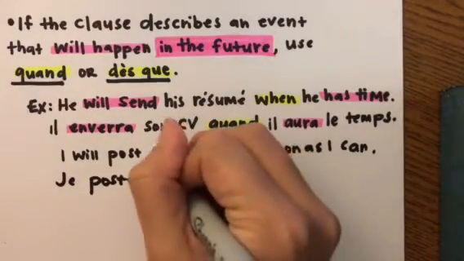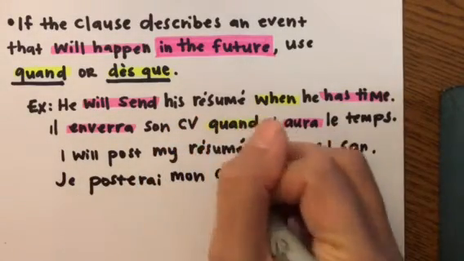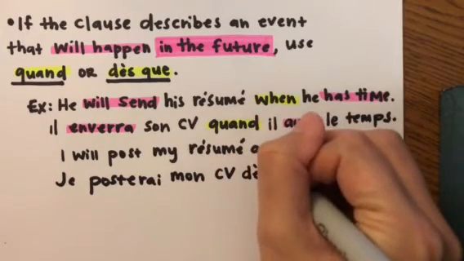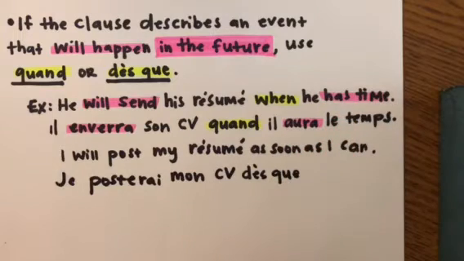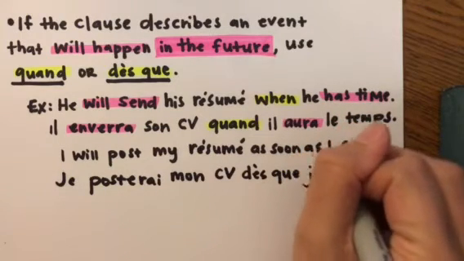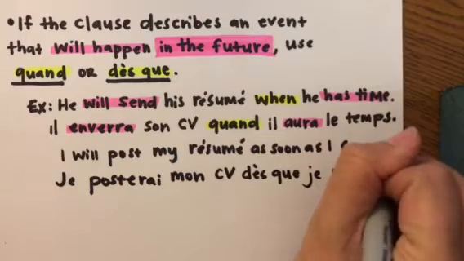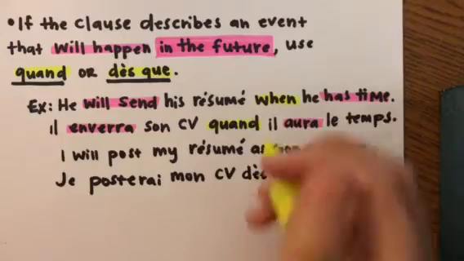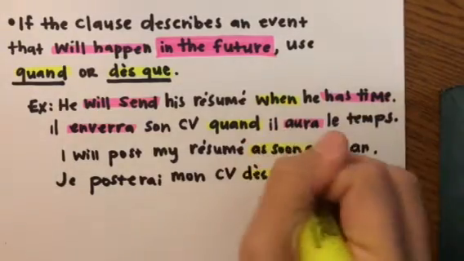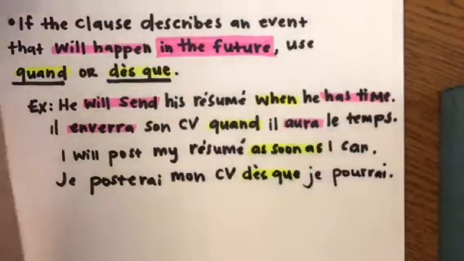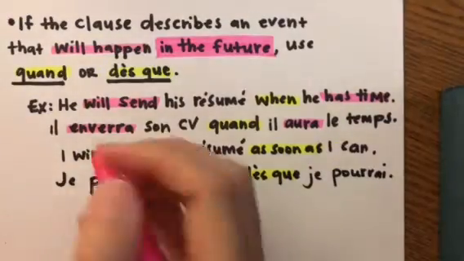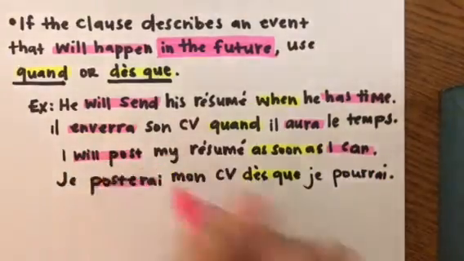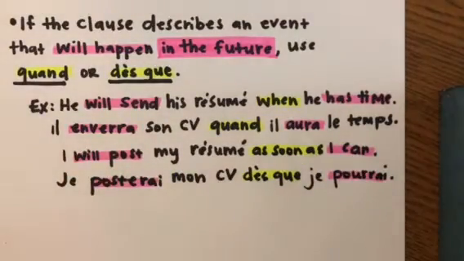We're future tense, posterai mon CV as soon as, dès que je pourrai. As soon as I can, as soon as I will be able to. So again, what is my key here? As soon as, I know I'm going to use dès que instead of quand. And it's in the future tense because I'm saying will. I'm going to do it as soon as I can. This is all future tense. Posterai, pourrai, tells me it's future.